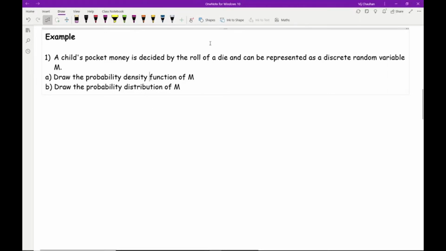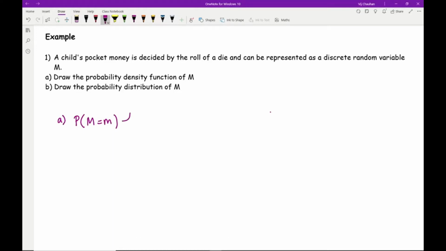Basically, what this means is, if we have a look in terms of values on the die, the probability density function is creating a function whereby we're representing what the probabilities are for each of the possible values of X, or M in this case. So what we're working out is the probability that M, which is the experiment, takes little m, the possible values that capital M can take.